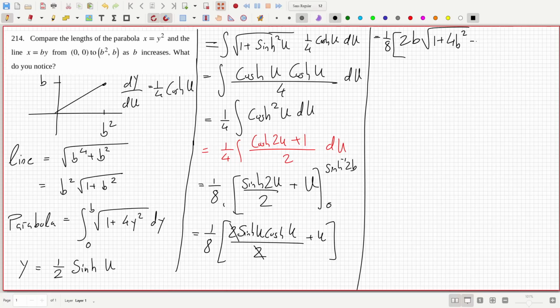And then plus the sine inverse, which I'll simplify in a moment, 2b. And then minus, and then we put in 0, which is 0. Okay, so that's 1 over 8, 2b, root 1 plus 4b squared. And then this one is plus log.